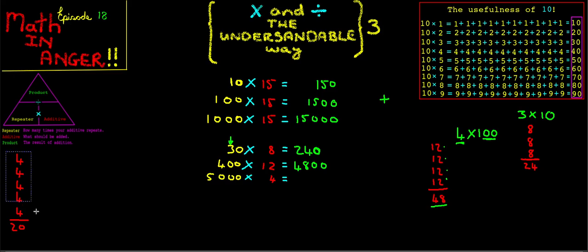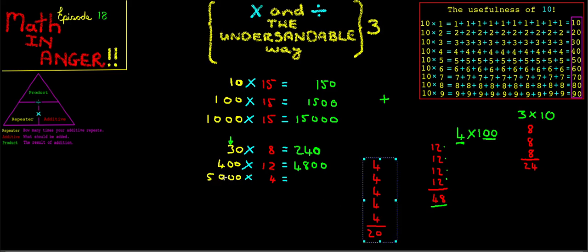Let's try this one. We've got 5,000 times 4. Again, what does this 5,000 say? I have 5 times 1,000. So look at how many times I added this 4 to itself. See, there's my additive. I added it to itself so many times.